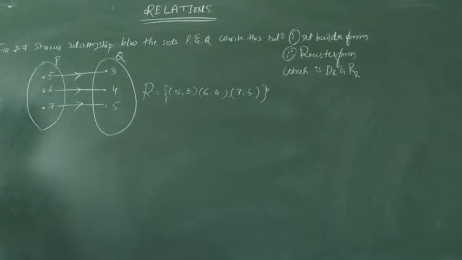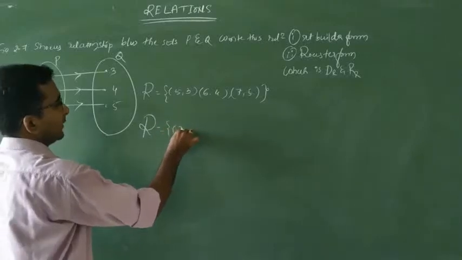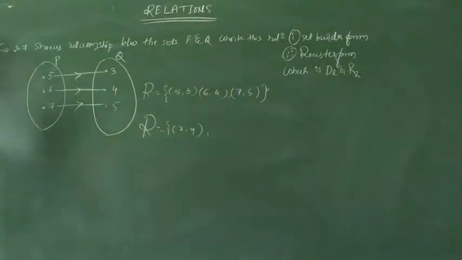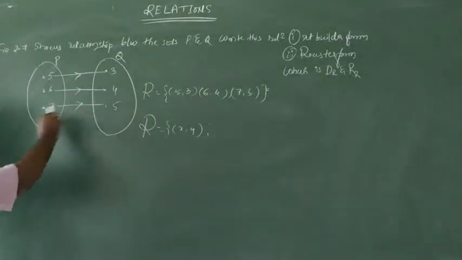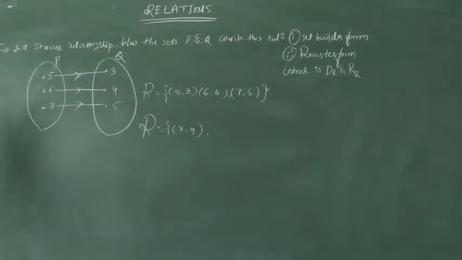Next we should show the set builder form. I can take the pair x, y where the common difference between P and Q is 2: 5 minus 3, 6 minus 4, 7 minus 5. The common difference is 2.